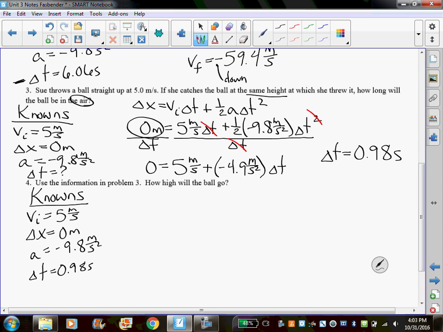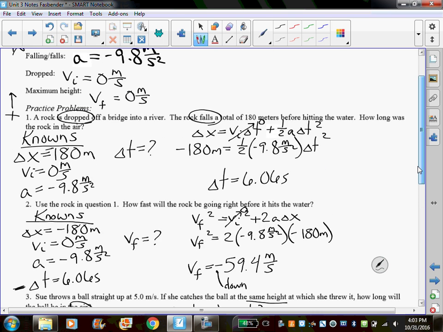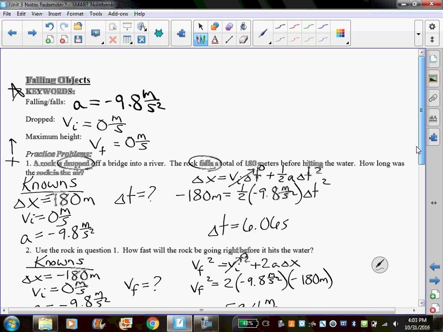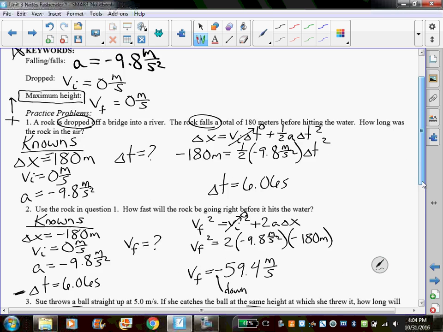So what we could do is use Vf squared equals Vi squared plus 2a delta x to help solve this. Because if we want to know how high the ball goes, that's really talking about the peak. And we know that at the maximum height, also known as the peak, that final velocity is going to be 0 meters per second.